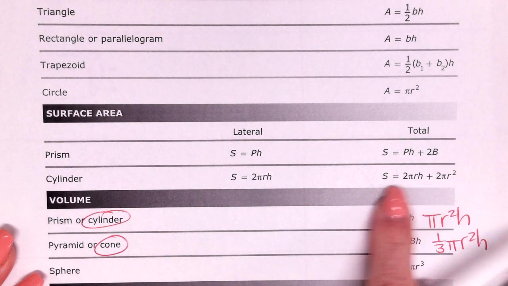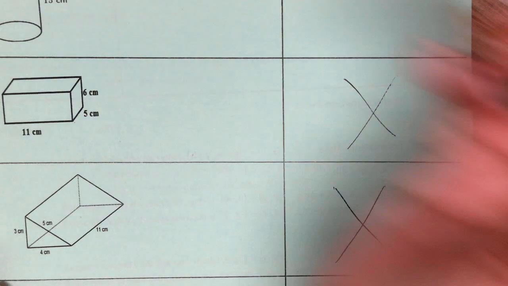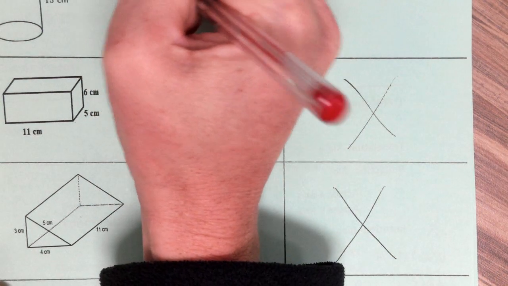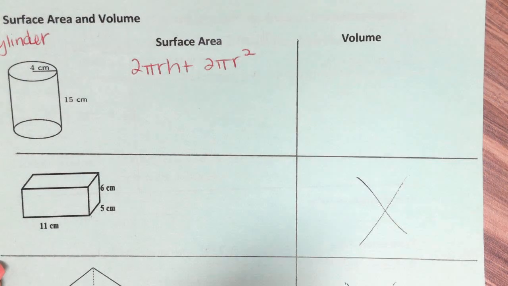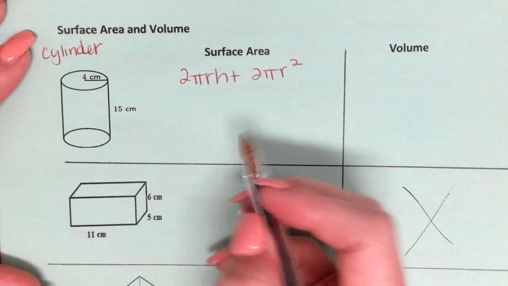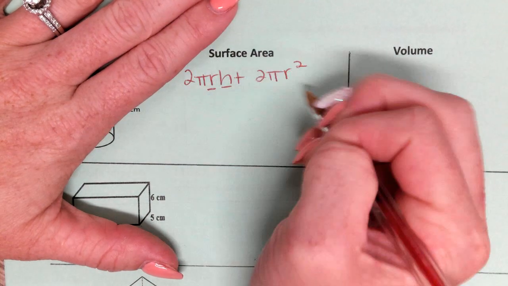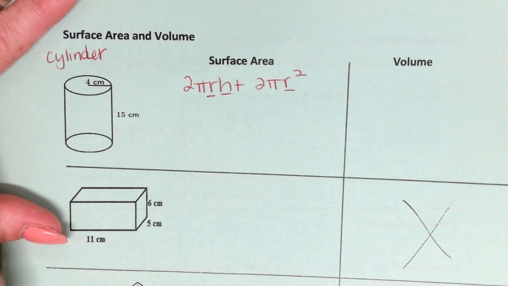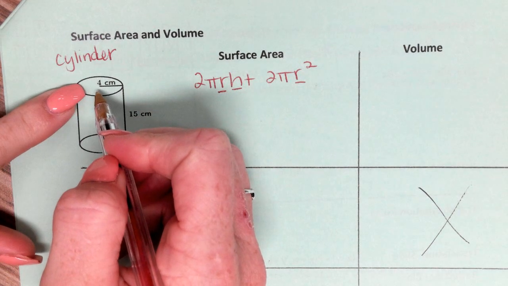Okay, so write that formula down. 2 pi RH, write it right here, plus 2 pi r squared. All right, to use this formula, there's only two things you need. An R and a what? The radius comes from the circle.